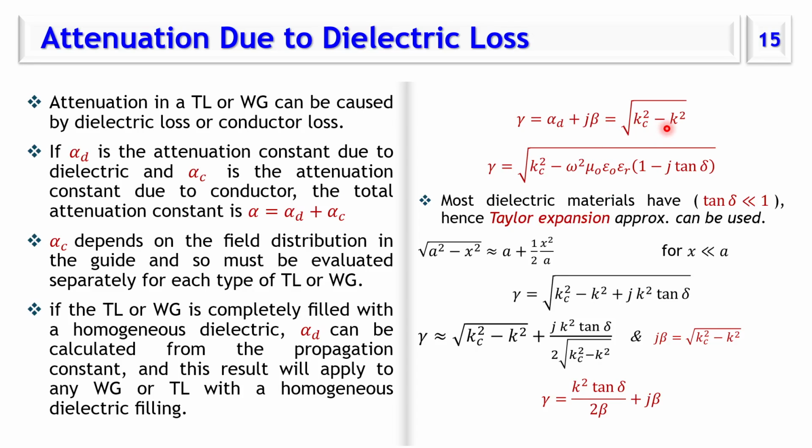We substitute here, we'll have the expression like this, and applying Taylor's expansion, we'll find gamma, the propagation constant, has this value. Just substituting kc square minus k square as j beta, we'll find that gamma, the propagation constant, equals the phase constant multiplied by j plus the attenuation constant. This attenuation constant is just due to the dielectric loss.